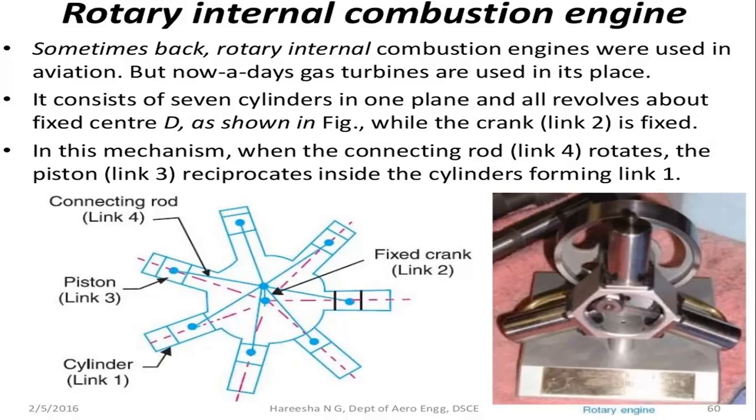So when the crank rotates, all the cylinders revolve about the fixed center, that is the fixed crank. So when the center is fixed, it rotates or oscillates in the other direction.